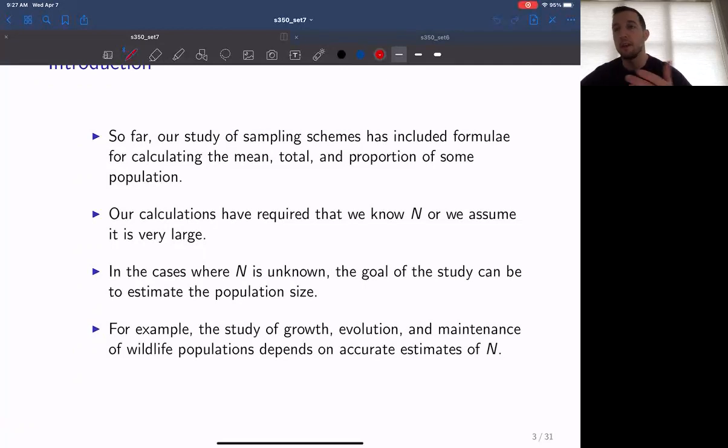In other situations, even in the most basic situation where we're using simple random sampling, if we don't have capital N, we can't estimate the total. To address this, we can use effectively a survey sampling type scheme to estimate the size of the population. So the goal in the first strategies that we're going to look at is estimating population size rather than estimating a population average, total, or proportion.